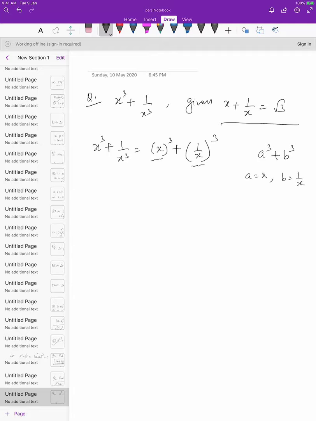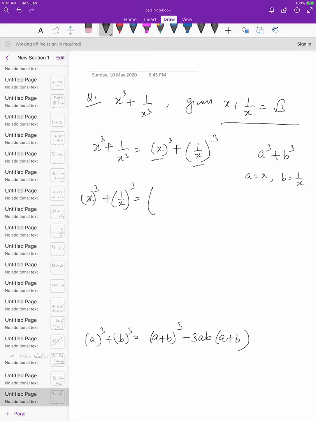So let's use the identity for a cube plus b cube, but the first one which we use for calculation purposes. What is the identity? I am writing it here. A cube plus b cube is equal to a plus b whole cube minus 3ab into a plus b.